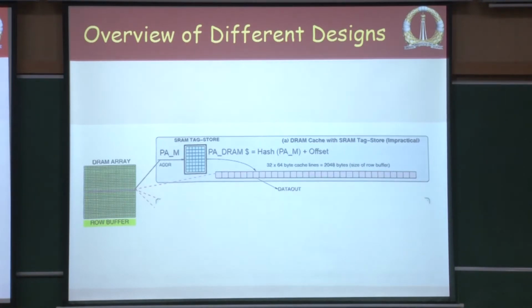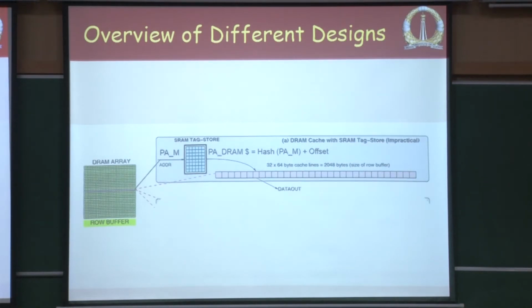So, after the processor has given an address which has been converted into a physical address, and let us say this address or this data is not there in any of your L1, L2 caches, correct. So, that physical address is what you have, and if I have a DRAM cache, how do I use this physical address and access the data?